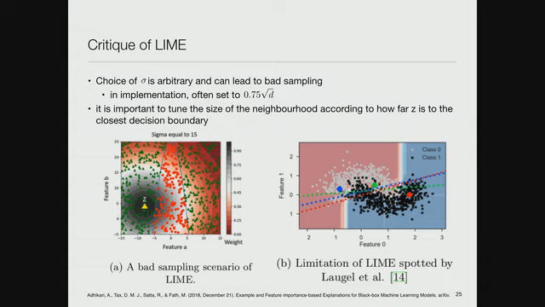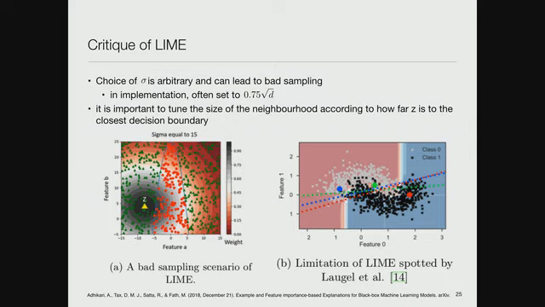In the experiments that the original authors did, they set that distance to 75% of the square root of the dimensionality of the data set.